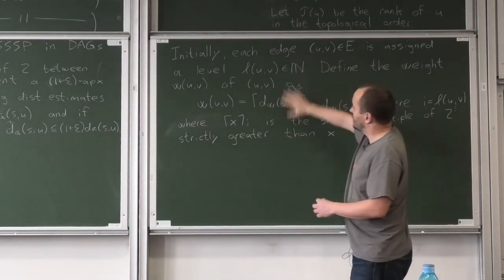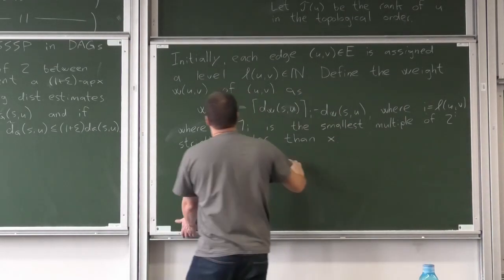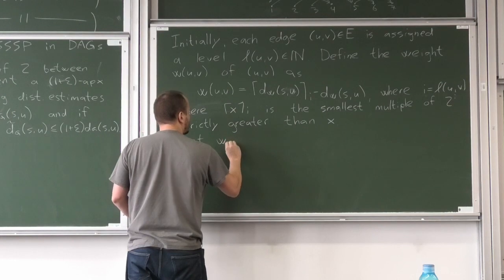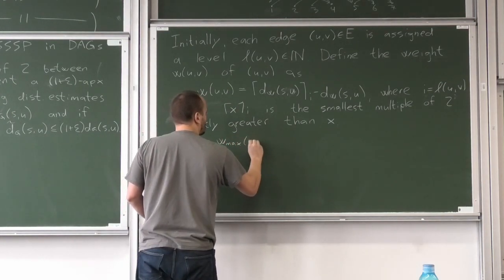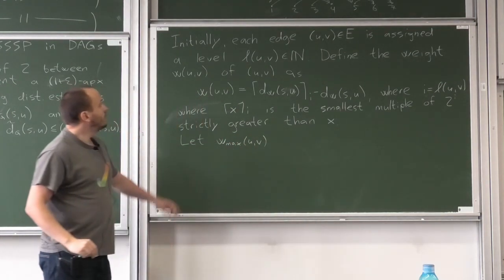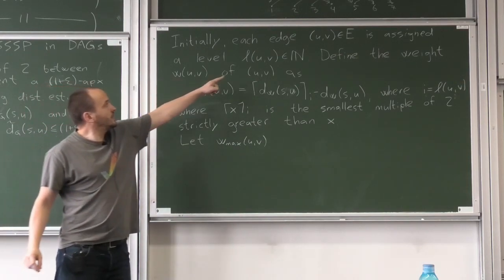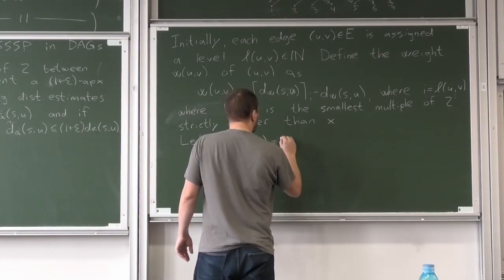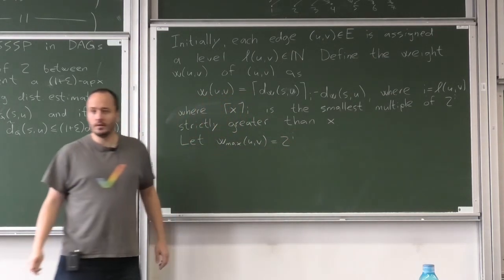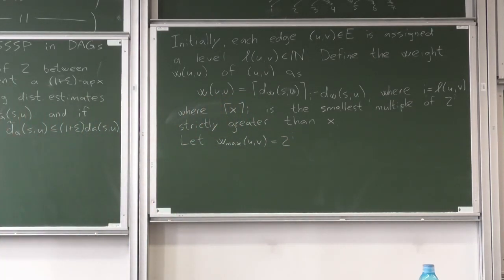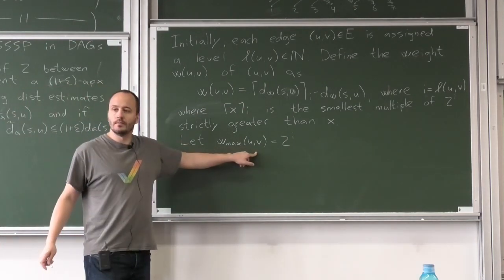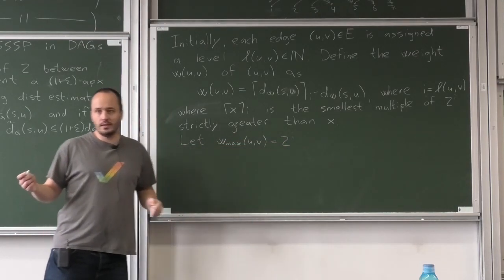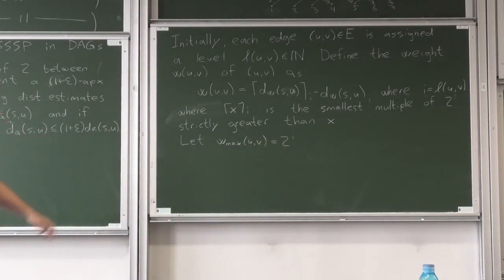So let W max of (U, V), once we have defined the level of an edge, be equal to 2 to the i. This is basically the largest weight that this edge can have. If it has level 4, then the largest weight this edge can have is 16. So that's just the definition.